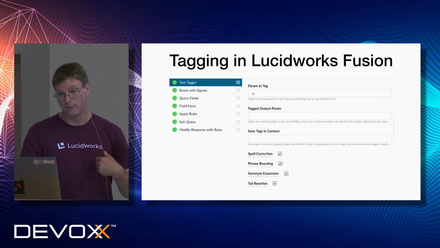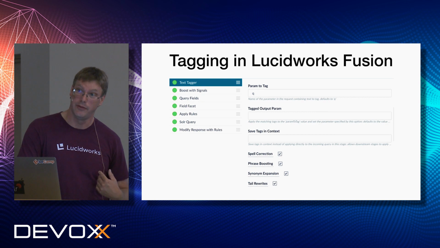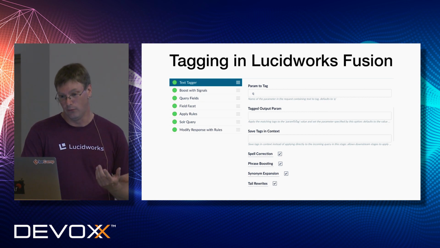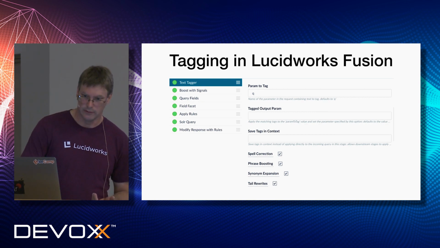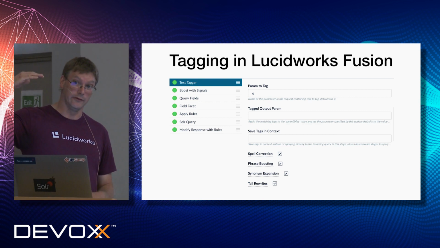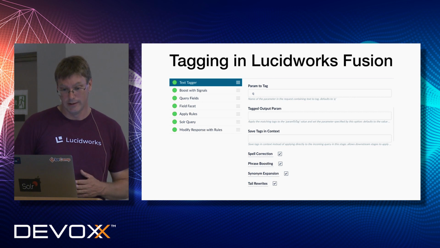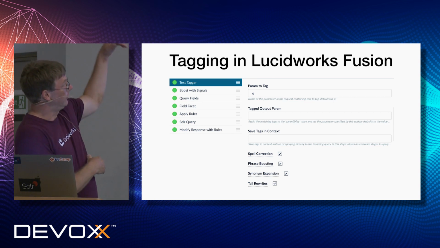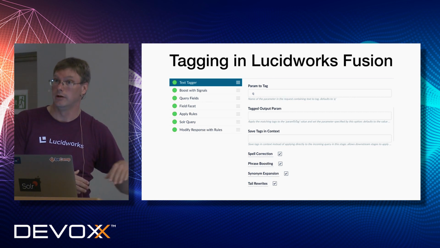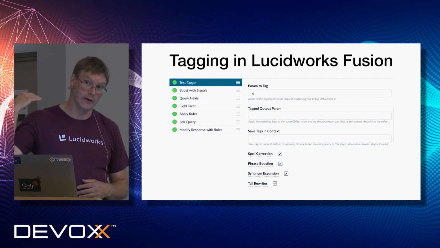And this gets leveraged in the query pipeline within our platform, and actually this is a very important point, this is the first stage in our query pipeline. And as it goes through the pipeline, eventually it queries Solr, but the first thing it does is takes the query and tags it.